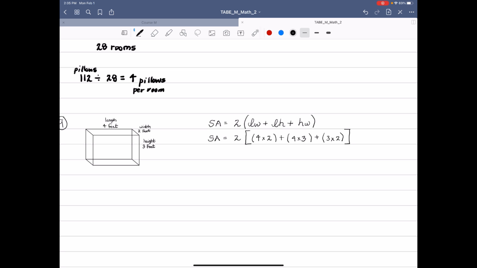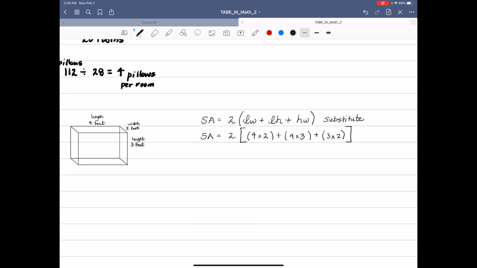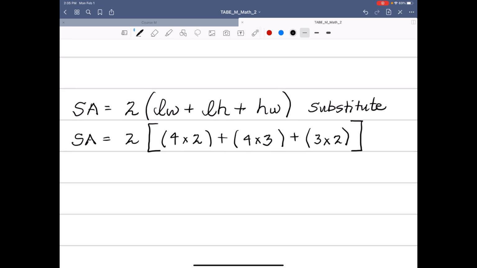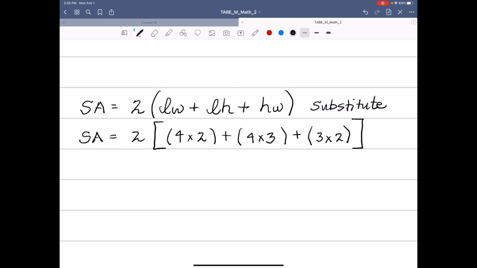So all I've done here, and it's not easy, I have substituted the values. Remember that word substitute. If you're doing your flashcards, you know what that means. You're substituting a number value for the letter. Okay, so here comes the math part. I know that I need to do parentheses first, and I've got a bunch of them in these brackets. 4 times 2 is 8.